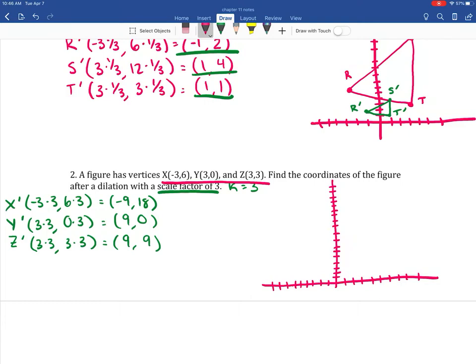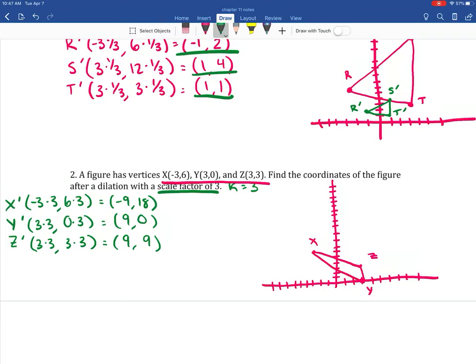Okay, let's start with the pre-image. I was at -3, 6. Then 3, 0, and 3, 3. So again, we have a triangle here.